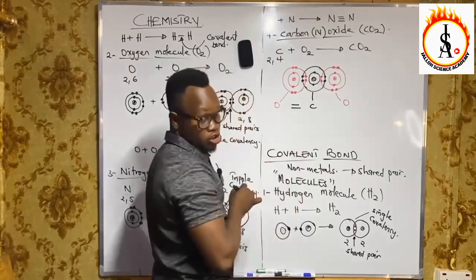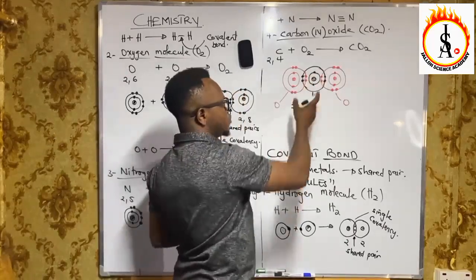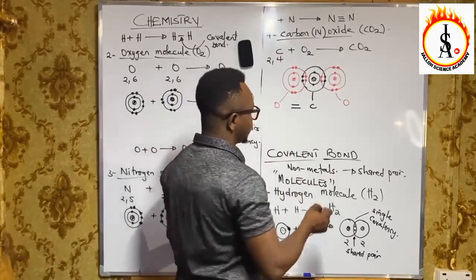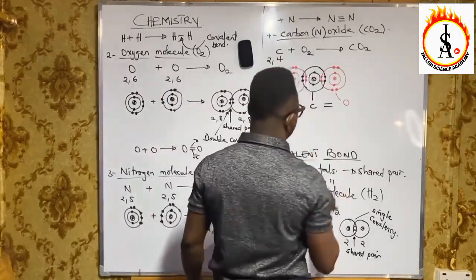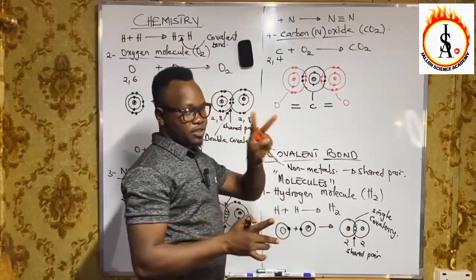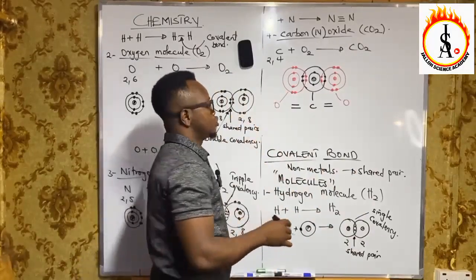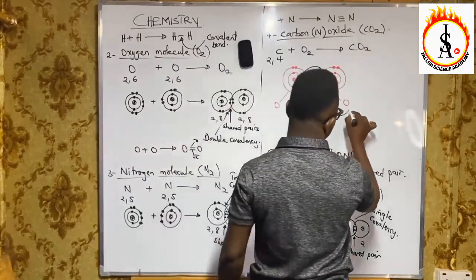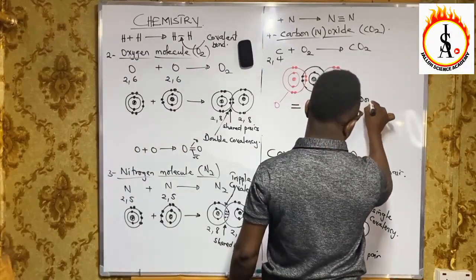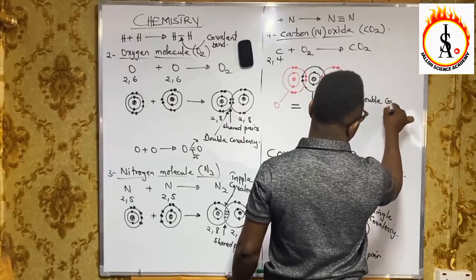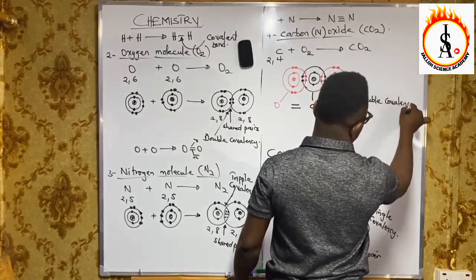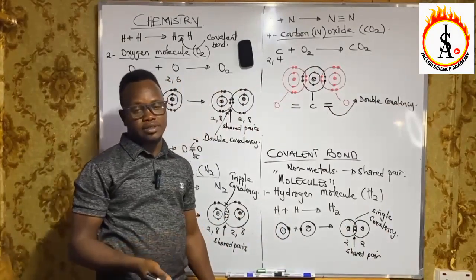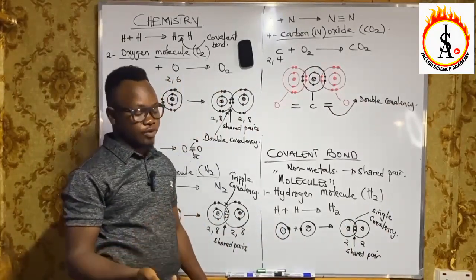So which indicates a double bond. Here also you have oxygen contributing 2 electrons and carbon contributing 2 electrons, because each bond is represented by 2 electrons. So double bond means 4 electrons. So this is also an example of double covalency. So the formation of carbon 4 oxide or carbon dioxide is an example of double covalency.